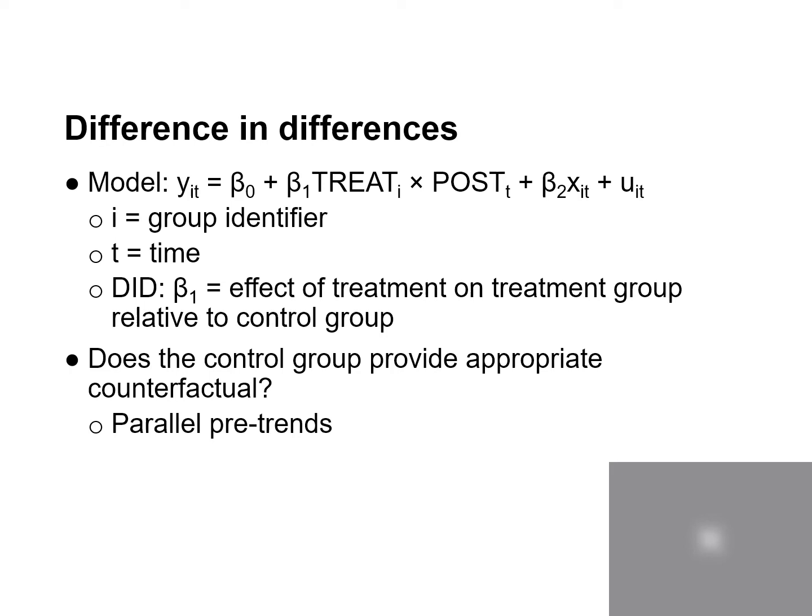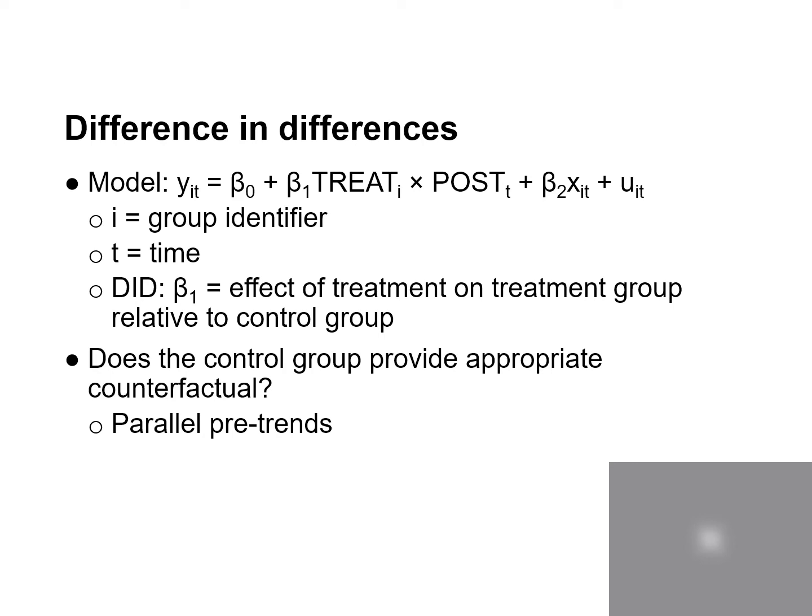So the product of those two terms will be 1, and so beta 1 will be identified. By contrast, for the control group, treat subscript i equals 0, and for the period before the implementation of the policy, post subscript t equals 0. So for either the control group or the period for both groups prior to the implementation of the policy, the product treat times post will be 0, and beta 1 will not be identified.